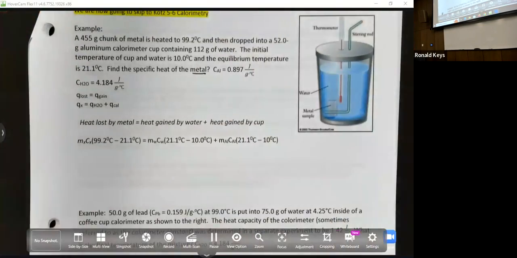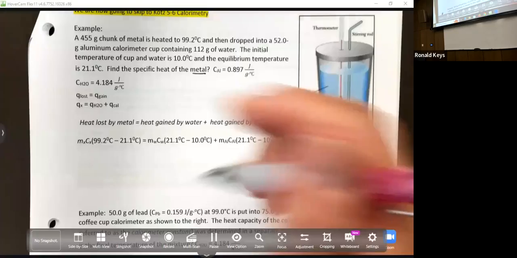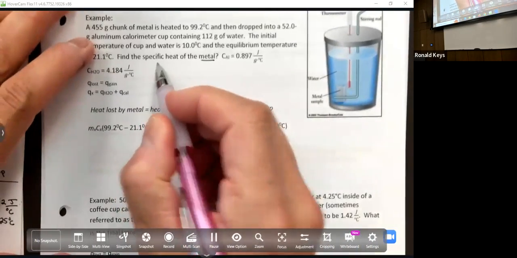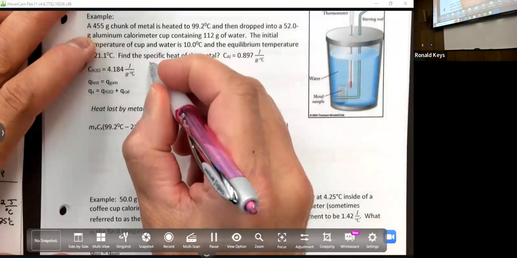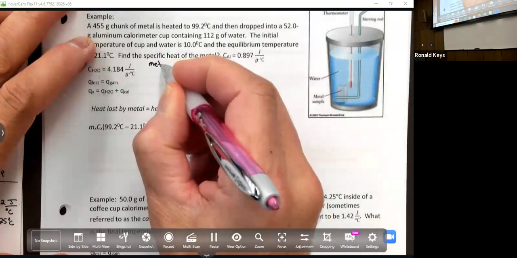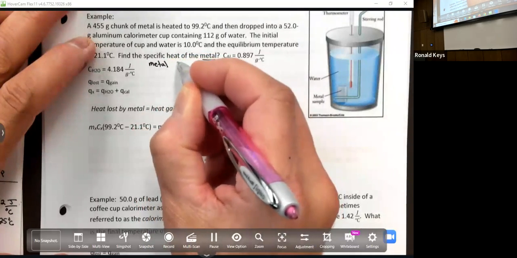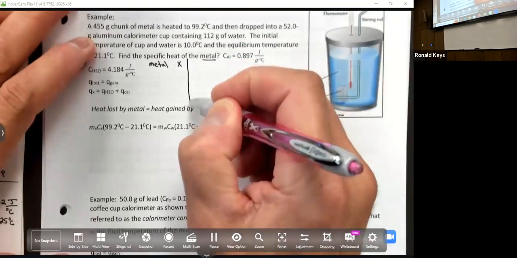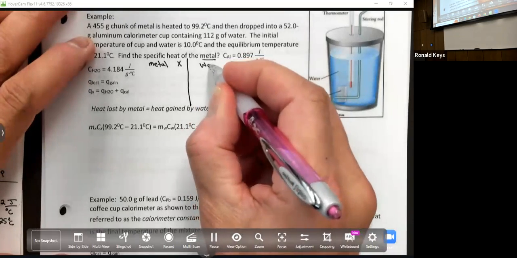So there is a lot here. Let's make 3 columns right in this section and identify what we have. We've got a metal that we dropped in there. We'll just call that X. We've got water.